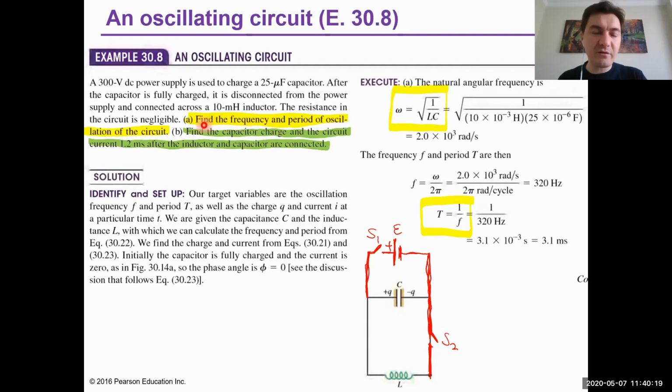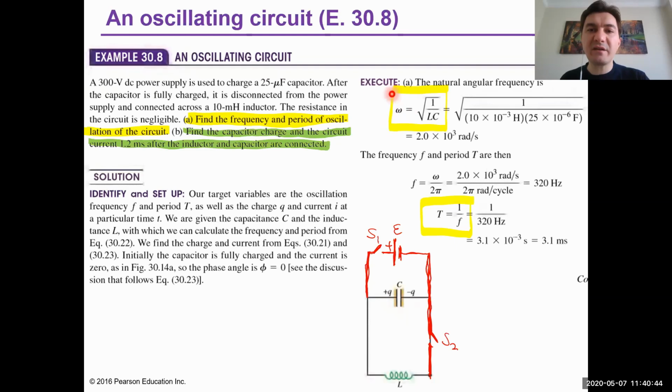So the question asks the frequency and period of that oscillation. The second question, find the capacitor charge here and the circuit current 1.2 millisecond after the inductor and capacitor are connected. So now let's have a look at the first question.